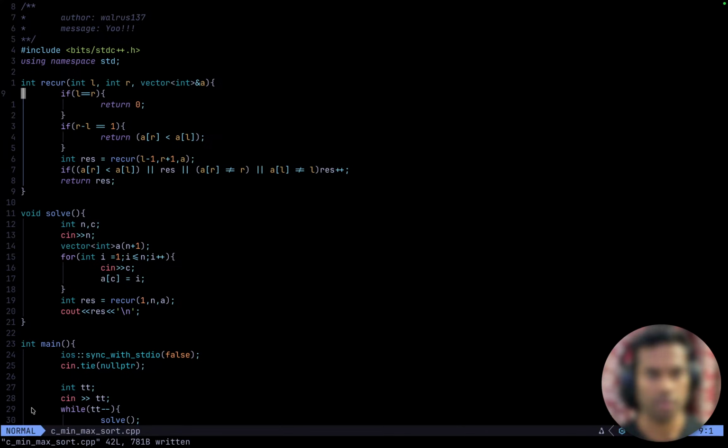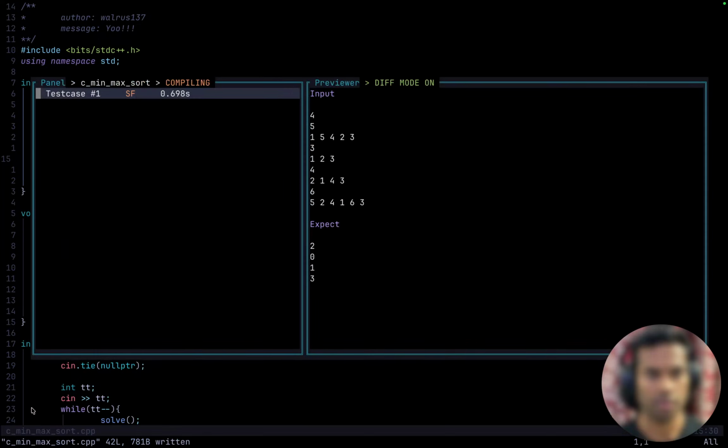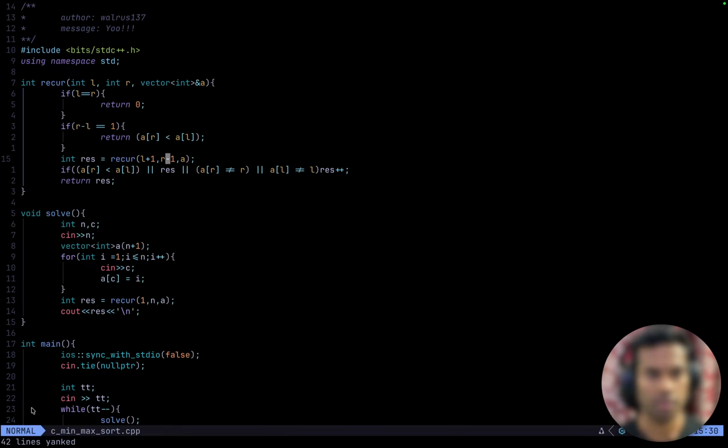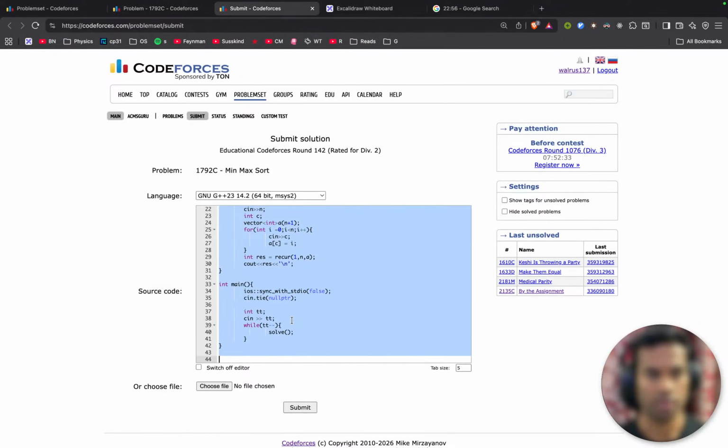If L equals R, then this. Okay, L plus 1 and R minus 1. Cool. And I think this will fail. This will just fail.